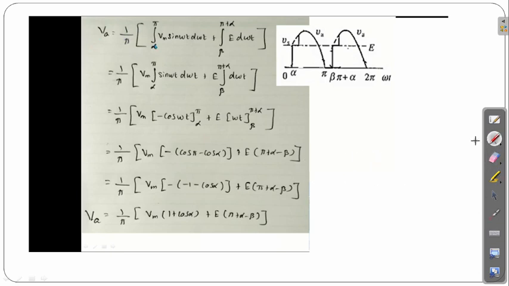From the earlier equation, we see this voltage varies with cos alpha, same as here. If we change alpha as well as this term, we will get a change in the voltage. That's all. Thank you.